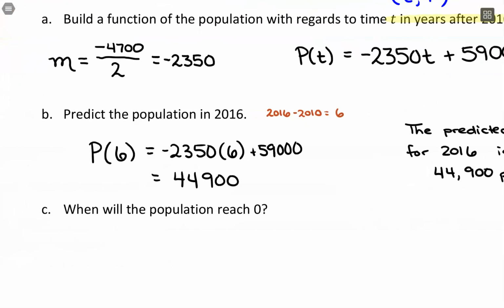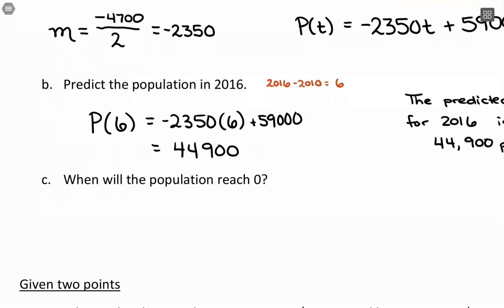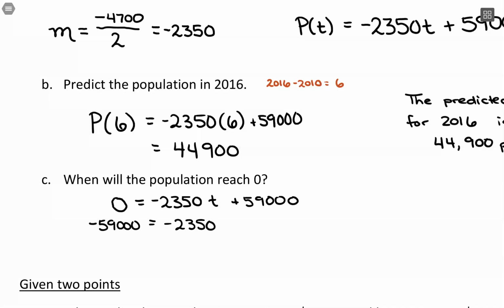When will the population reach 0? So this is where we want P of t to equal 0, and then we want to find time. So I'm going to subtract 59,000 from both sides of the equation. Divide by negative 2,350.